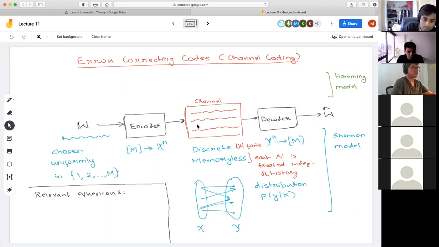There are a few assumptions, all of which we can question, starting from the fact that we are sending a message which is uniform. Earlier, we tried to send a message where there was a distribution over the messages, and we captured this by the entropy of the set of messages, or the distribution. But the way we consider this is we decouple two parts.